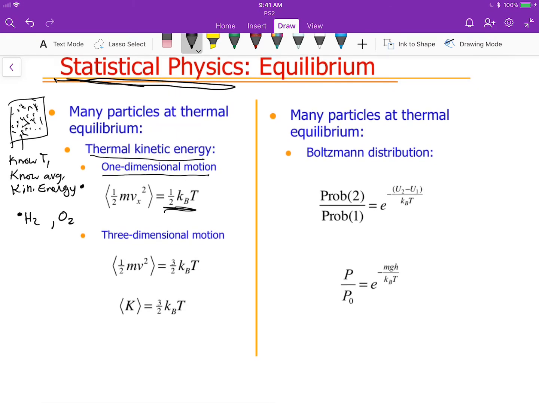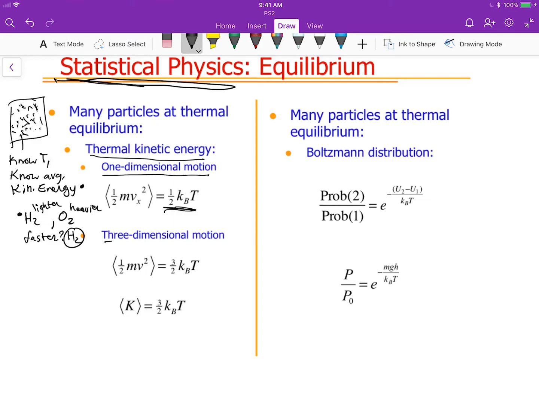Which one is going to be moving faster? Now, remember that O2 is heavier, right? So which is faster? Well, to get the same energy, the one that's lighter, the H2, has to actually be moving faster. So the faster one is H2.